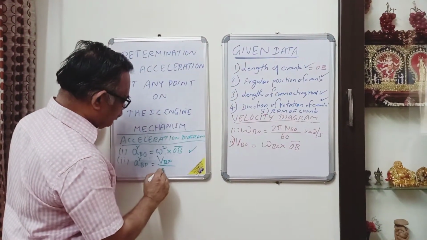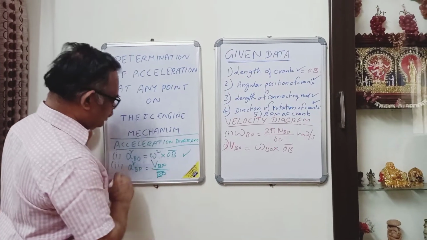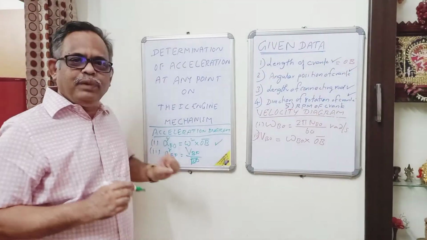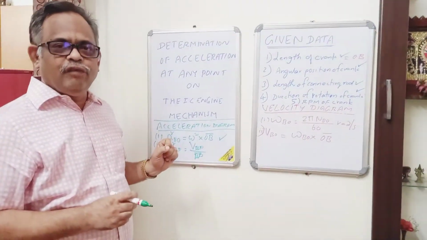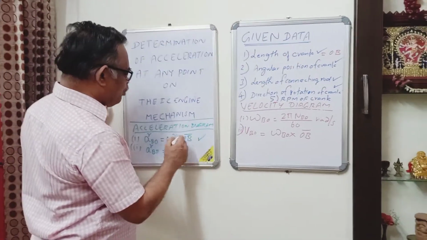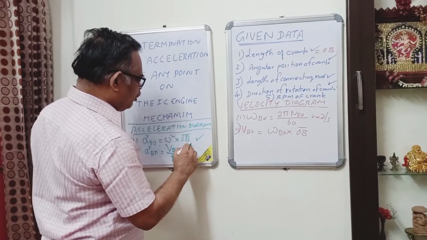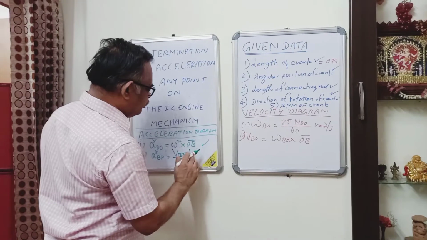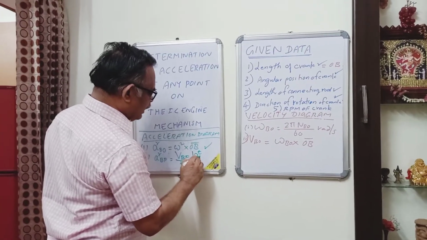This will give you the radial acceleration of BP. With these two data, we will be in a position to proceed. And one more thing: A radial BO is omega square OB, whereas there is also A tangential OB. Acceleration is made up of two accelerations.